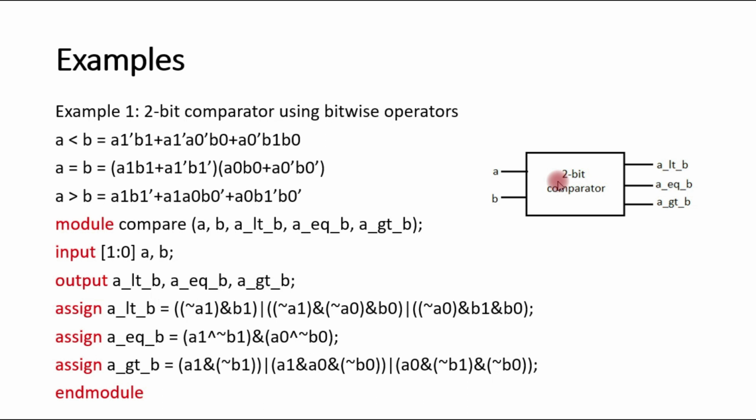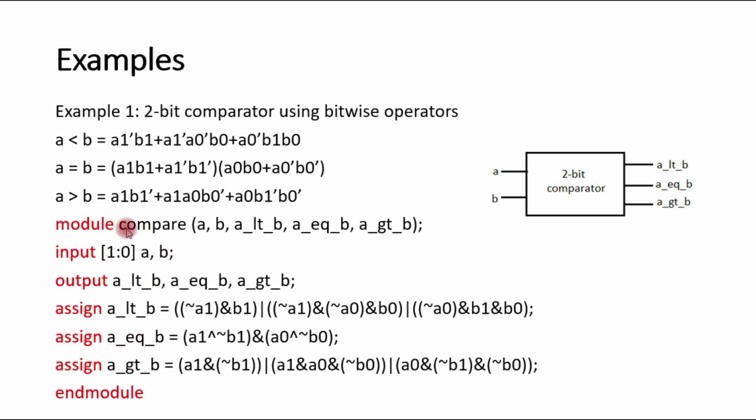The comparator compares the 2 inputs A and B and generates the output. The Boolean functions for all 3 outputs are given here, for A less than B, A equal to B and A greater than B. And the Verilog program for the 2-bit comparator circuit is presented here.